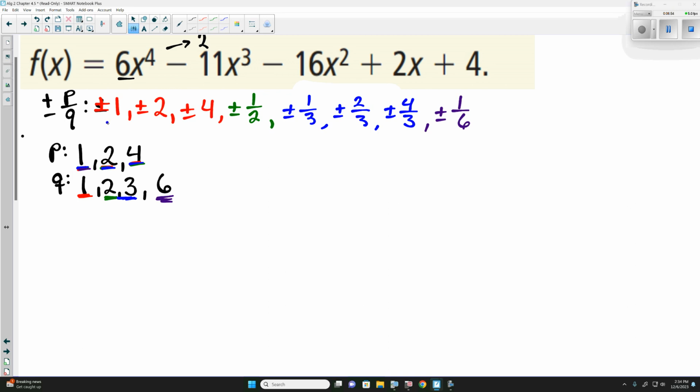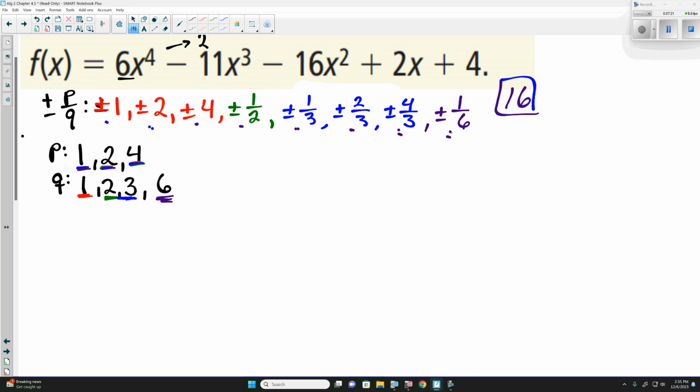Now we have 1, 2, 3, 4, 5, 6, 7, 8. And with the negative cases, we have 16. Just the number of, yeah, because I just counted them individually. But as positive and negative cases, we actually have 2, 4, 6, 8, 10, 12, 14, 16. So we have 16 possible rational zeros.